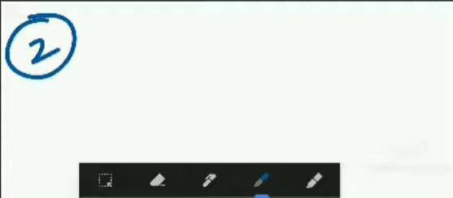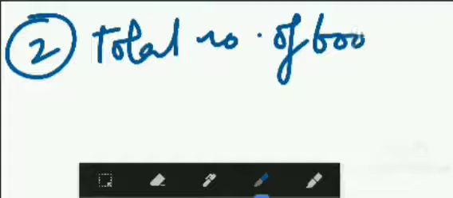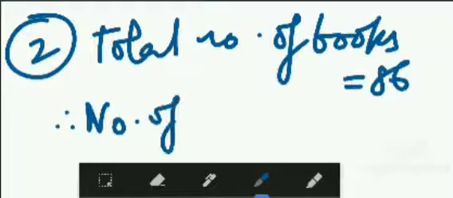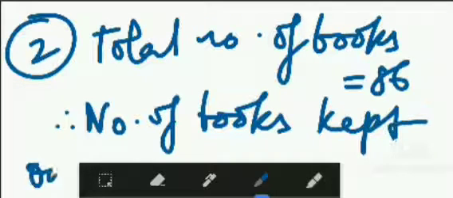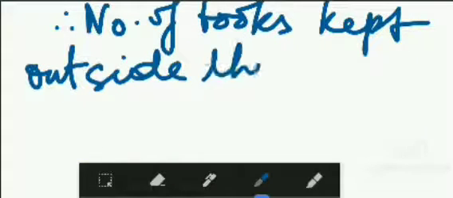So how to write this sum? Write down the statements. In question number 2, we have to write in this way: total number of books is 86. Now write down number of books kept outside the almirah.